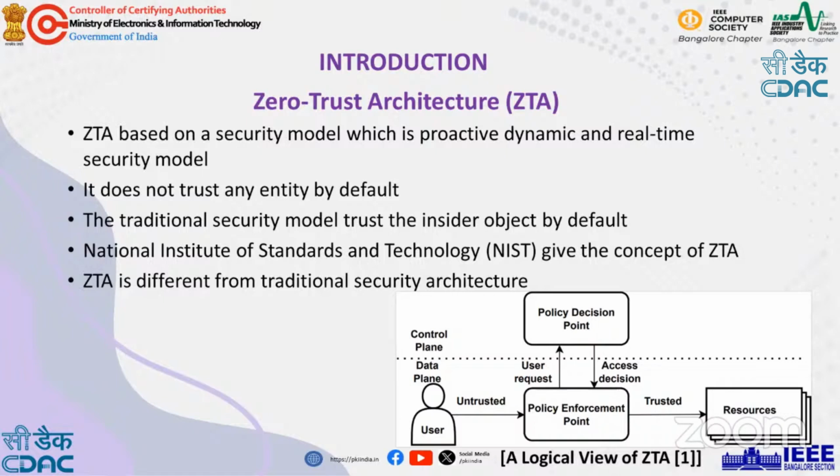This point sends the user request to the policy decision point. At the control plane, inside the policy decision point, there is a policy engine that evaluates the access decision on the user request to grant or deny the access request of the user. It takes the decision based on the information provided to the policy engine and sends it to the policy enforcement point. Based on that decision, the policy enforcement point allows the user to access the resource or denies access.